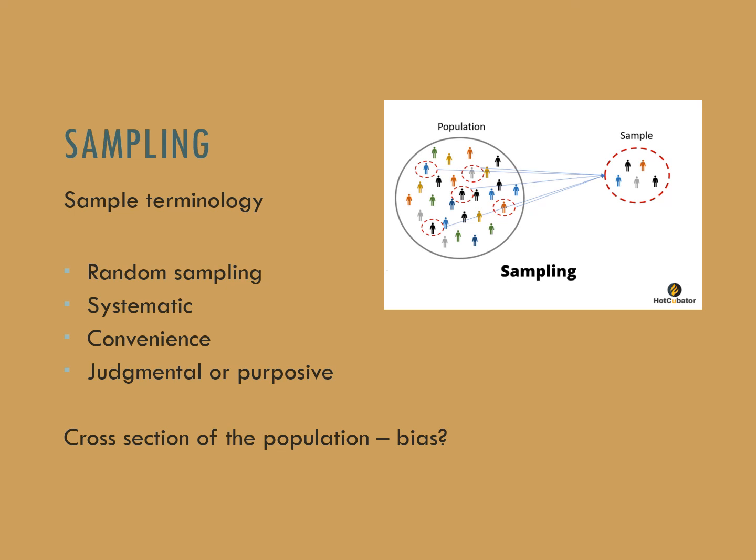And then in systematic sampling, let's say I have my whole population here, and I'm going to put all of these people in a line. And then I'm going to choose every nth person. N can equal whatever number you choose.